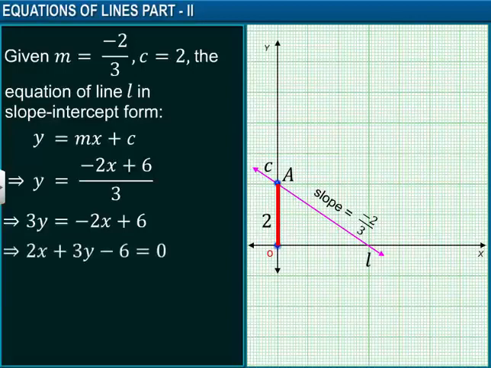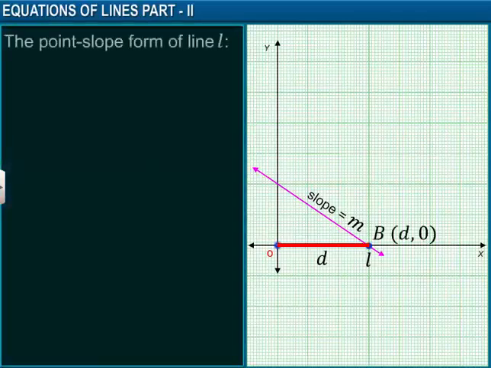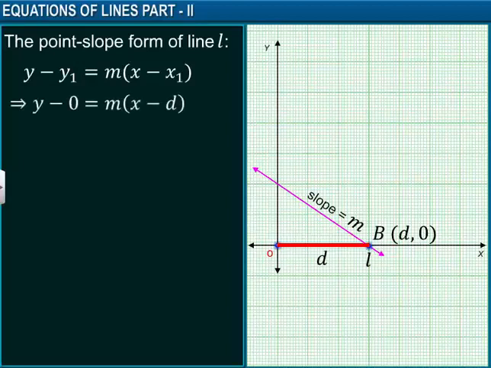Now, consider a line L with slope m whose x-intercept is given as d. This means that the given line passes through the point (d, 0). Putting the values of the slope of the line and the coordinates of point B in the point-slope form and simplifying, we get the required equation as y = m(x - d).